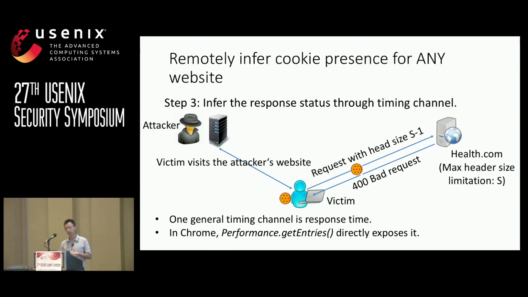If the attacker issues a simple request towards a large file, a 200 response is significantly slower than a 400 response. And in Chrome, the performance.getEntries API directly exposes whether a request is successful or not.